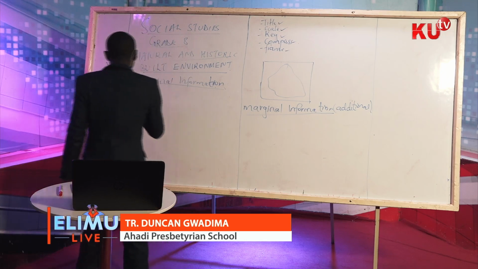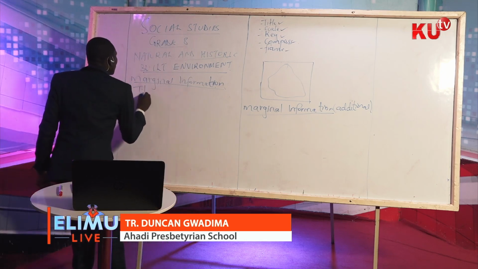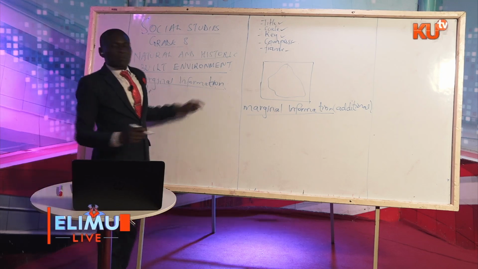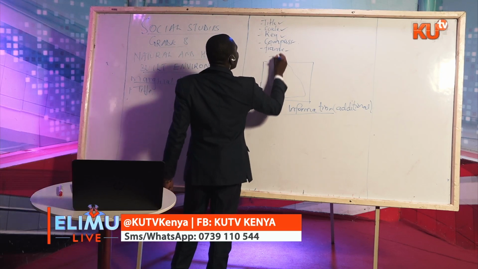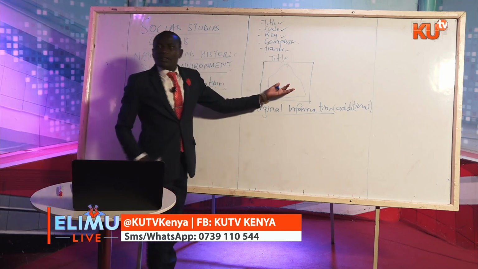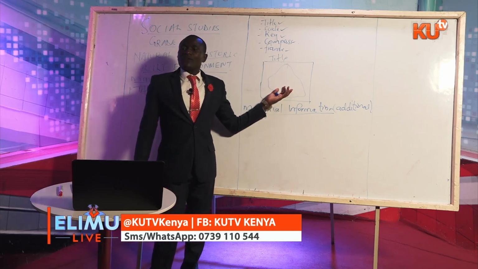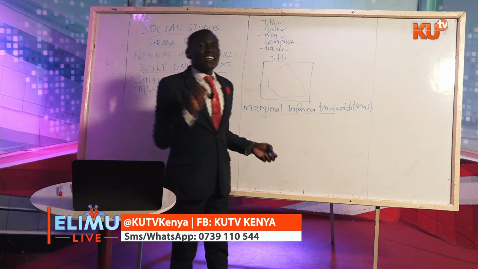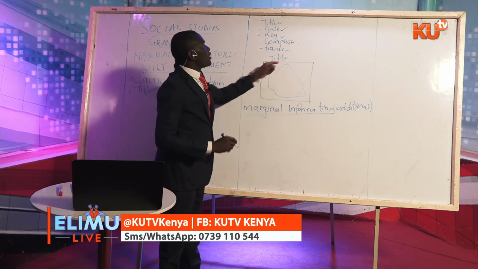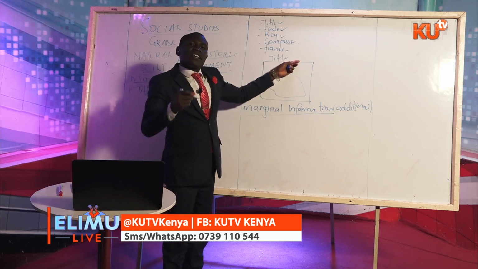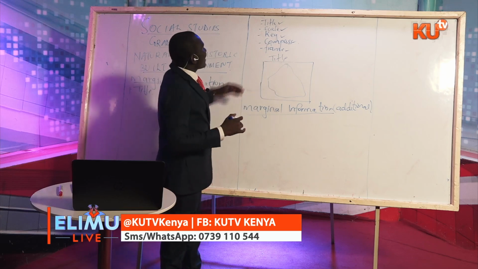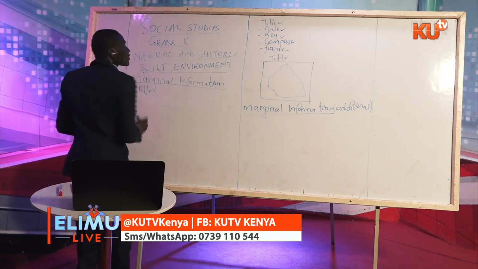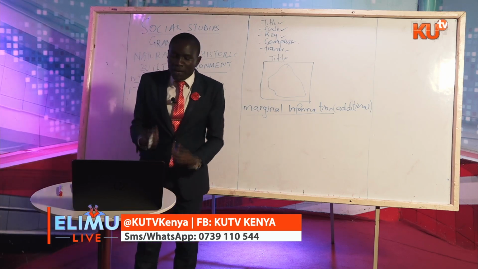The title is marginal information because it is written outside the map. It is not enclosed inside the map. In our case here, it is Taita Hills. The Taita Hills is our title, and the title itself is not enclosed inside the map. So the title becomes our marginal information.